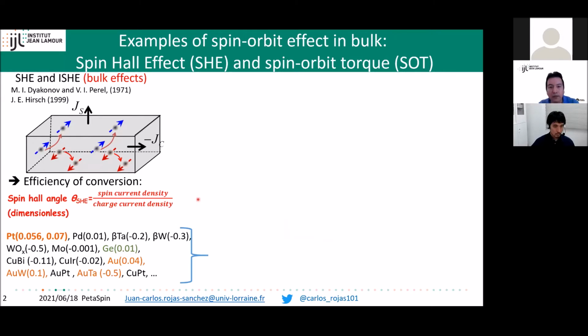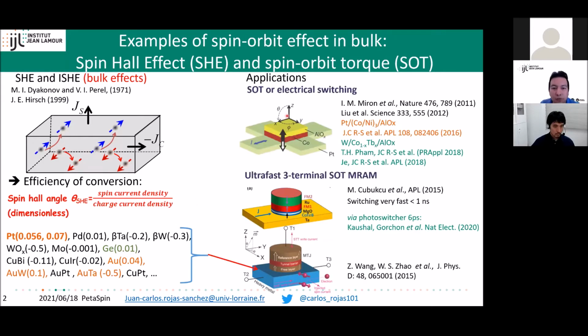And thinking in technological applications, thanks to this pioneer work in 2011, where we sweep in-plane current in a nanowire of platinum, we can switch the perpendicular magnetization of this cobalt nanodot. And I also contributed to this similar experiment in the case of the platinum cobalt nickel system in this work, in my former position.